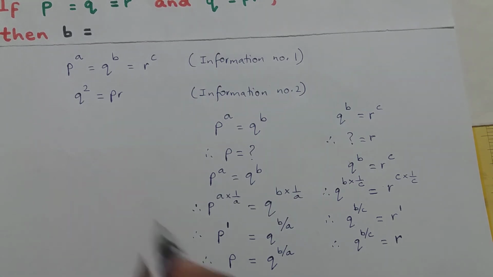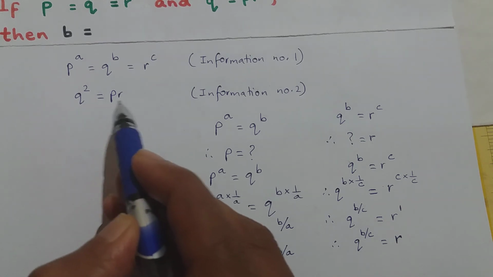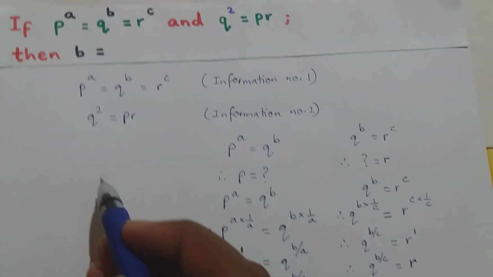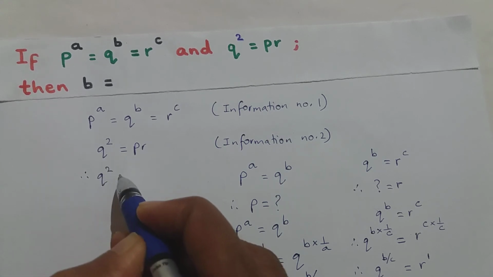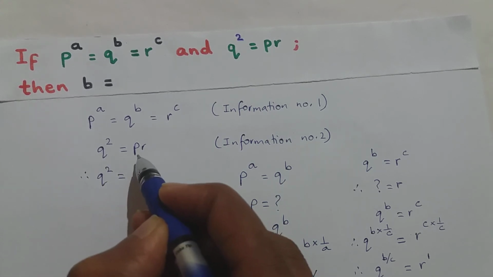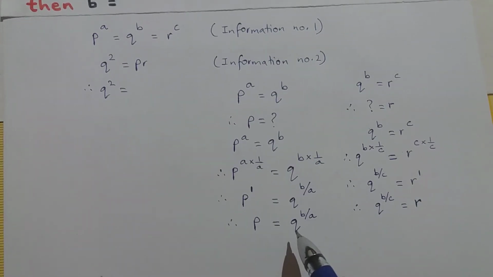Now this given equation, which is q square equals to pr, I can write it as q square is equal to p. Now we have found out p in terms of q. P is q to the power b by a.